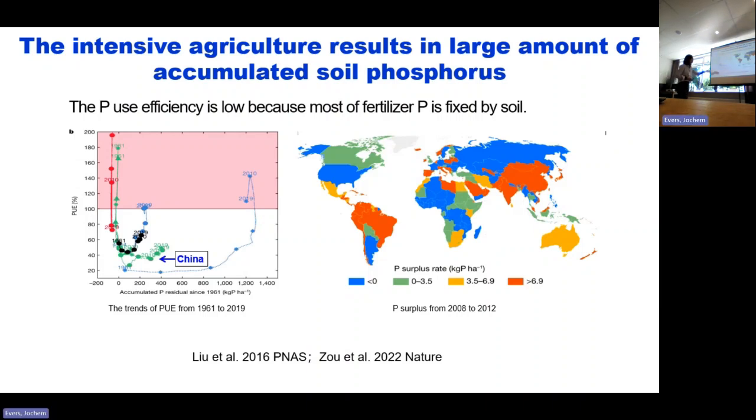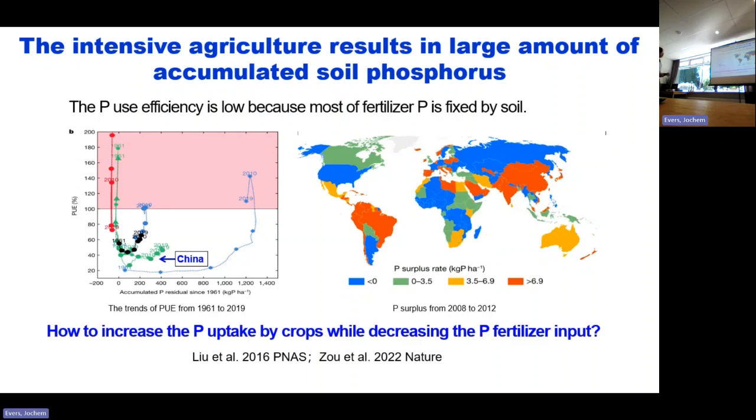And we can see from this map that a lot of phosphorus is surplus in the soil, especially in China. So that's why we want to study phosphorus uptake by intercropping. We want to know how to increase P uptake by crops.